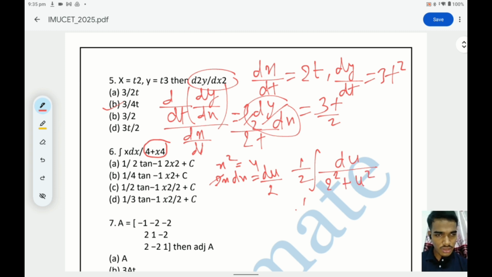It means 1 upon 2 into 1 upon 2 tan inverse u upon 2, and u is x squared, so it will be x squared upon 2. So our answer will be option B: 1 upon 4 tan inverse x squared upon 2 plus c. That should be the correct answer.